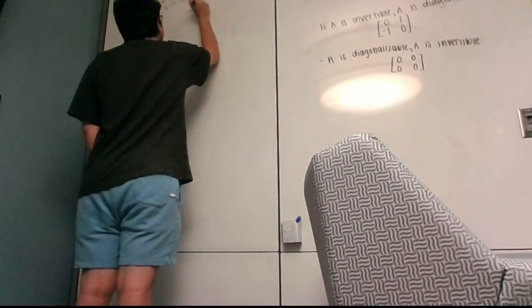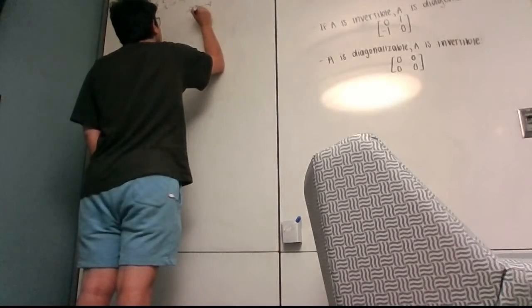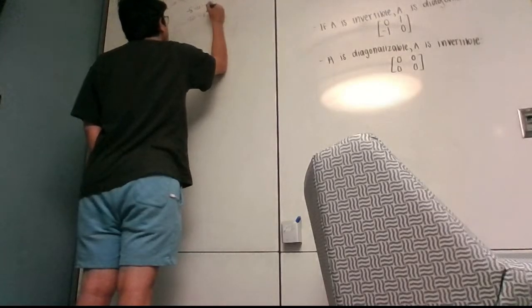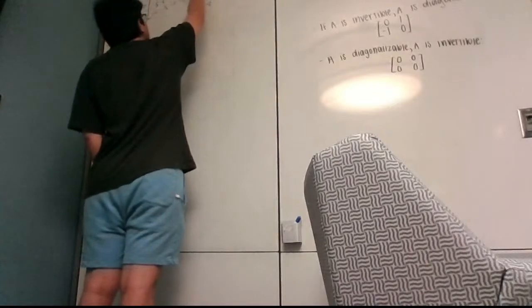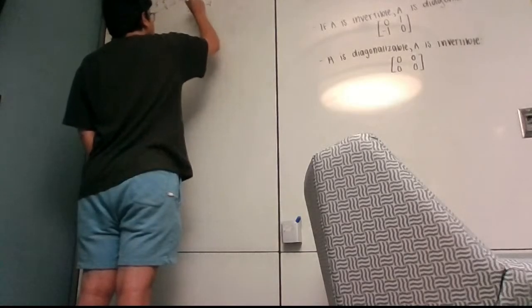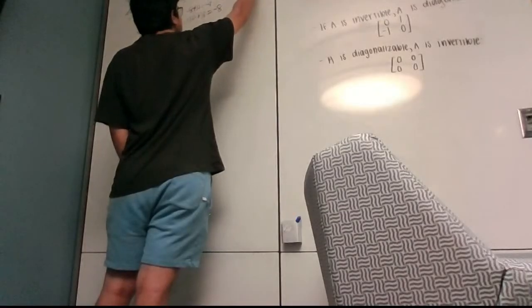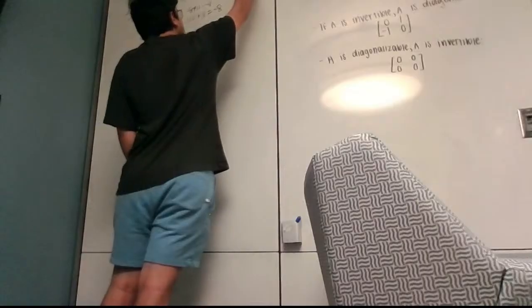8 minus 12 minus 4. Negative 10 minus 18. Oh wait, no, it's plus. My bad. See, okay, I knew what to do. I just forgot basic arithmetic, and then you can see the pattern here. 5, 6, 7, 8.